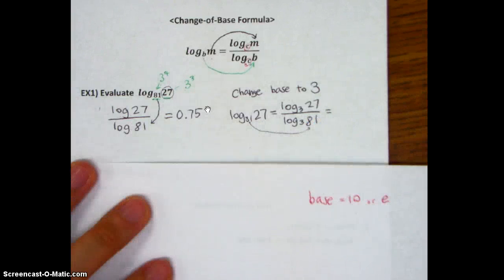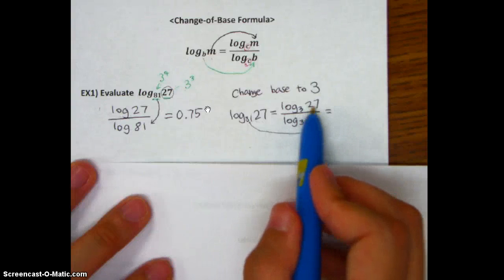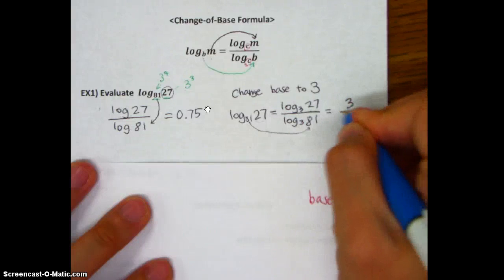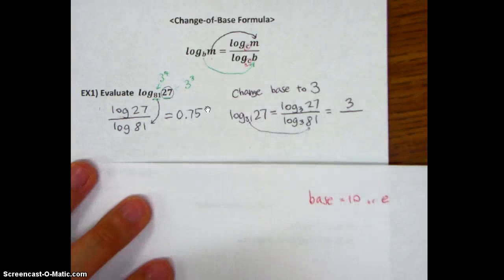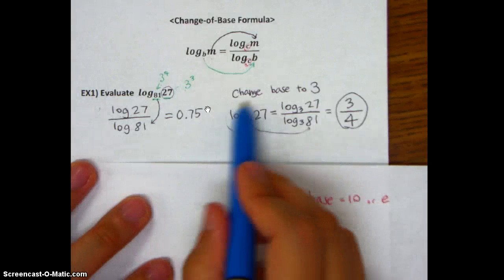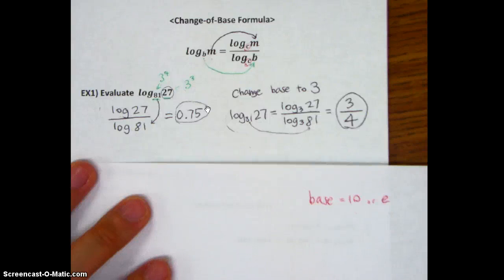So now what is log base 3 of 27? Well, 3 to the third power is 27, so that value is equal to 3. And what's log base 3 of 81? Well, 3 to the fourth power is 81, so that would be just 4. So that whole logarithm is equal to 3 over 4, which is the same thing as 0.75.